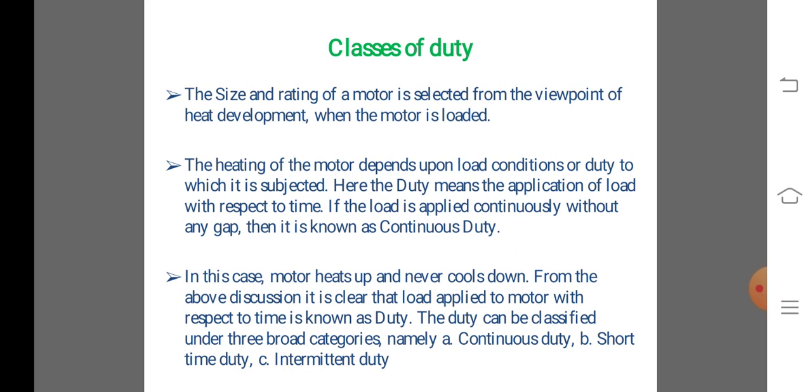Among those 9 classifications, we have picked 3 important classes: continuous duty, short time duty, and intermittent periodic duty. The classes of duty are considered so that the size and rating of the motor are selected from the viewpoint of heat development when the motor is loaded.